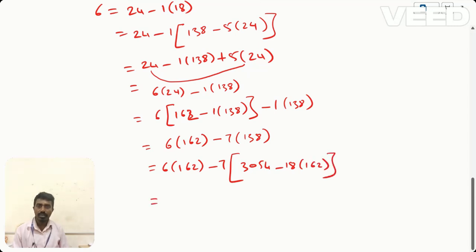Now simplify. Here 6 times 162, and here 18 times 7 is 126, plus the 6 already there, so 132 times 162 minus 7 times 3054.